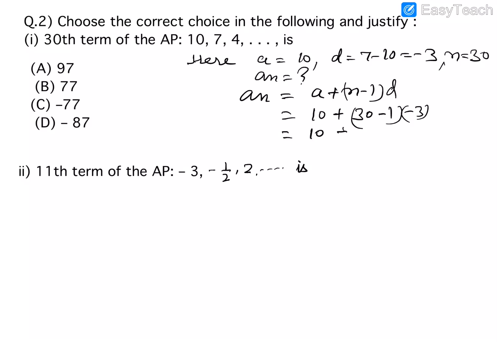So 10 plus 29 into minus 3. So it is 10 minus 87, and the difference is minus 77, so option C is correct.